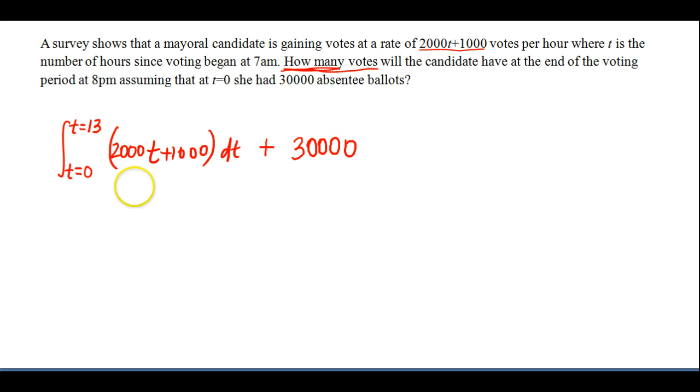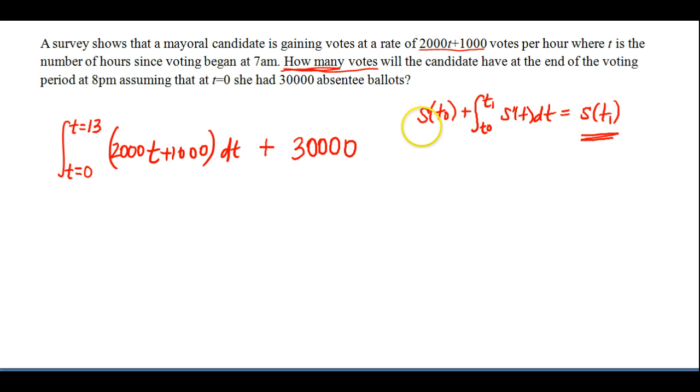So this is that alternate variation of the net change formula. The way we had it written was that s of t0 plus the integral from t0 to t1 of s prime of t dt gave us s of t1. So what I'm in search of is s of t1. How many votes did he or she end up with?